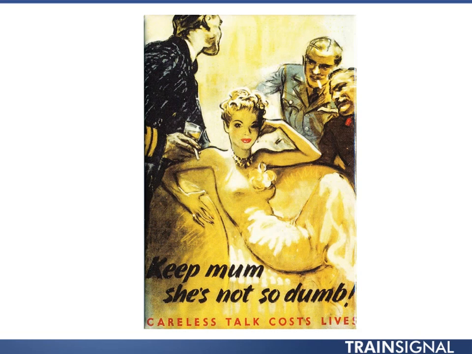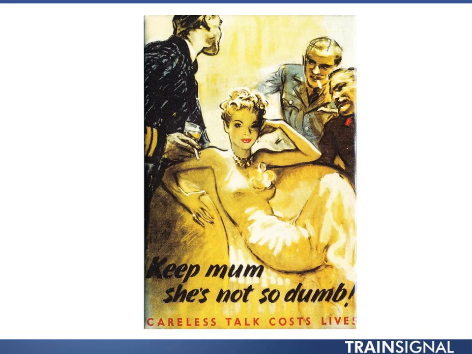Here's another American World War II poster, and I almost didn't include it because at first it strikes me as a little sexist, and then when I thought about it more, I realized they were actually trying to combat an inherent sexism that existed in this period during the 40s. The caption, "Keep Mum, She's Not So Dumb," is trying to combat the predisposition that military people had towards just spilling secrets to any pretty gal who might make conversation with them.